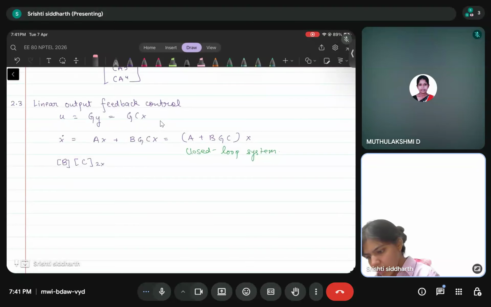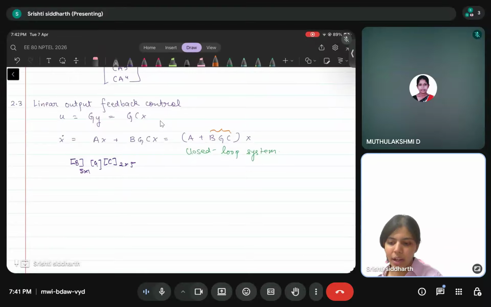No, sorry. So C is 2 rows and 5 columns. B is 5 by 1. So BGC, the multiplication of these three matrices, has to be added with A, right? A is 5 by 5. So this should be a 5 by 5 matrix.